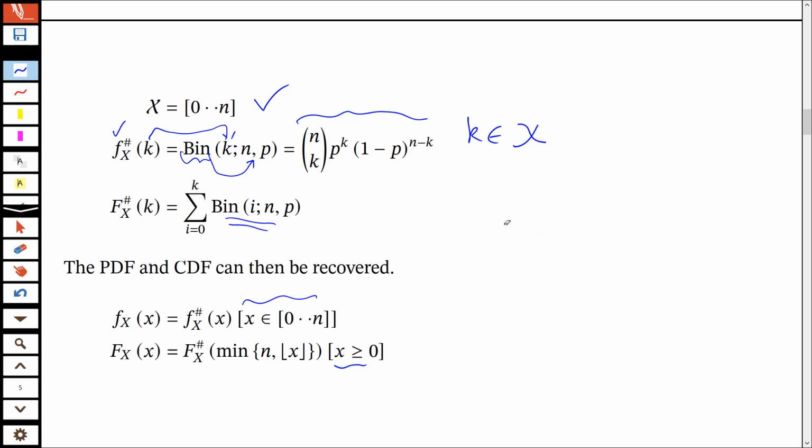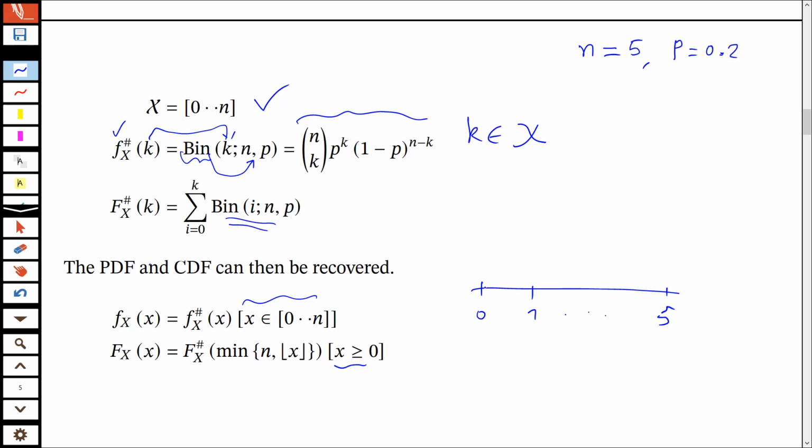Just to give you a visualization of how this PDF will look, if you choose some typical values, say N is 5 and P is 0.2, the possible values are 0, 1, and so on up to 5.